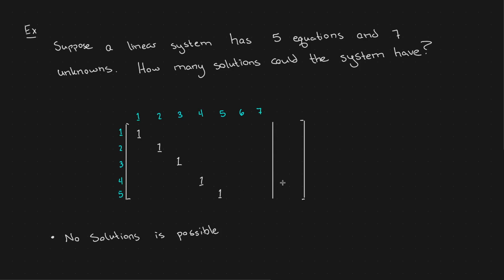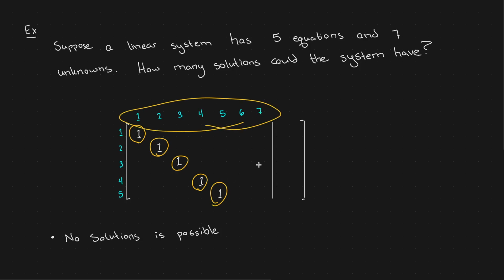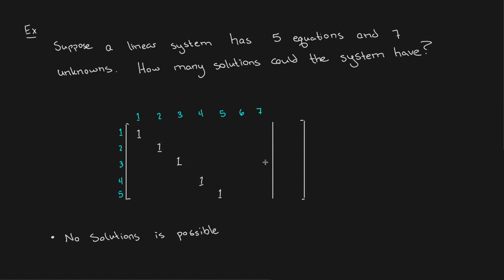The maximum rank this matrix can have is 5 because I have only 5 rows. And the rank is the number of non-zero rows in the matrix. So the most non-zero rows I could possibly have is 5. The most leading entries I could have is 5. But I have 7 columns. And so I cannot have the rank of the matrix equal the number of columns.